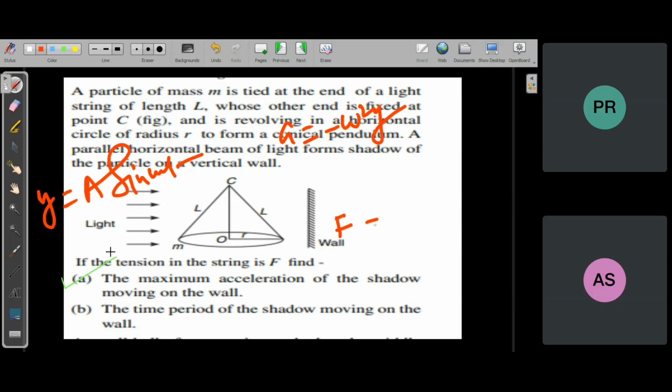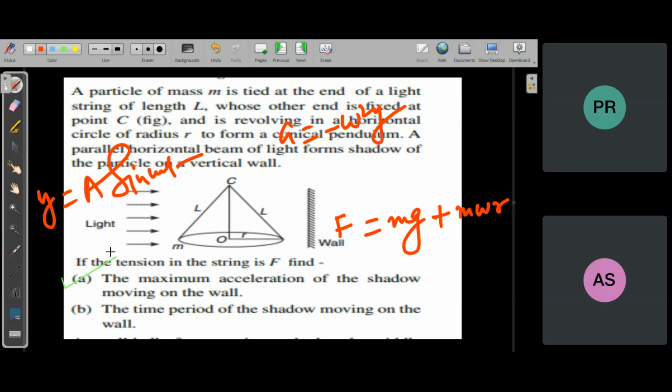Tell me the equations. F equals mg plus m omega r, sir?